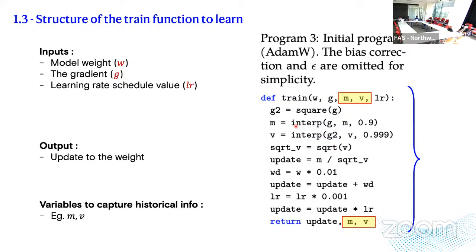We have some flexibility in terms of capturing historical info. That means like a buffer, we have the flexibility to keep variables so that we can store some historical parameters. So this program 3 is like the overall pseudocode through which we are going to learn a new optimizer.